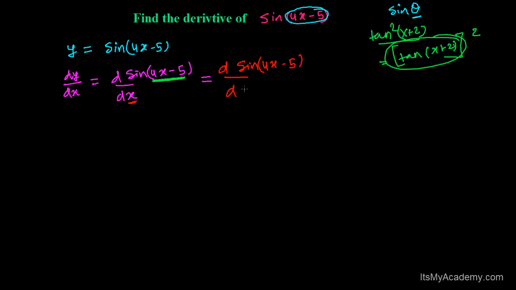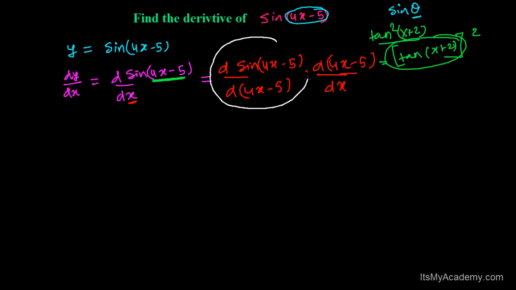Since I have divided by this, I have to multiply by d(4x minus 5) as well, over dx. See, it's the same thing. You can cancel this also and you'll get the same. There is no change I have made, but you have to individually find the derivative of this part and the derivative of this part.